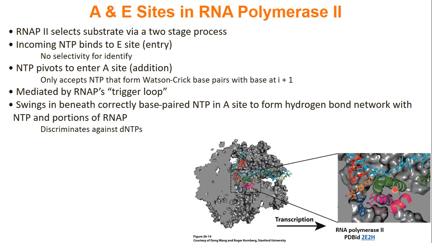This hydrogen bond network is your safety mechanism to say, do not attach an RNA unless this trigger loop has a hydrogen bond network, because then you can have a conformational change and you're going to add your new nucleotides. And it's this hydrogen bond network that allows us to discriminate between DNA and RNA, because if a DNA trinucleotide came in here, we would not form this hydrogen bond network, so we would not add to our growing chain.